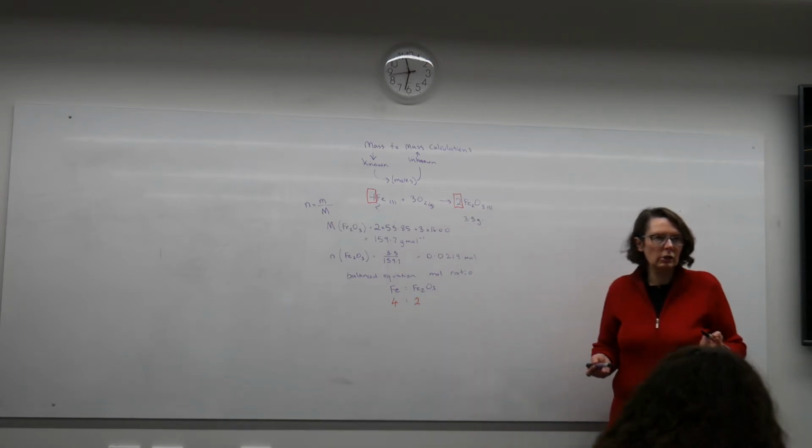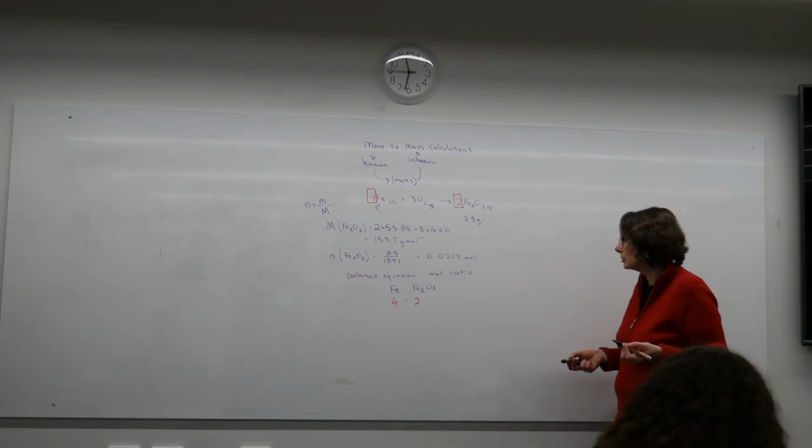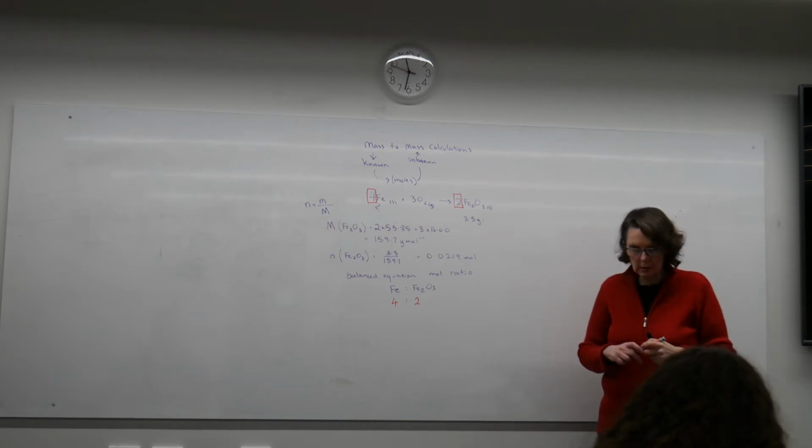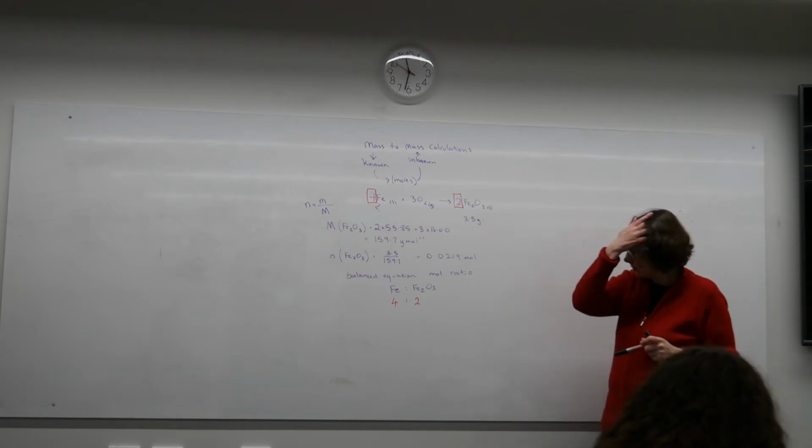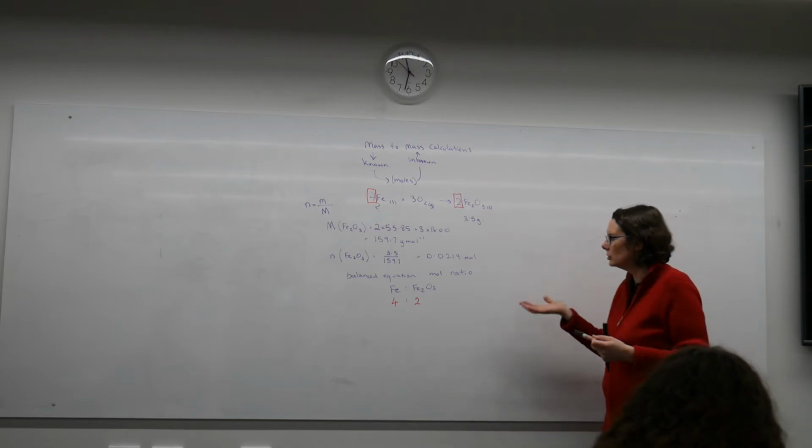Okay, that's the ratio in the balanced equation. Now sometimes students get these around the wrong way, or get a little bit confused as to what to do as the next step.